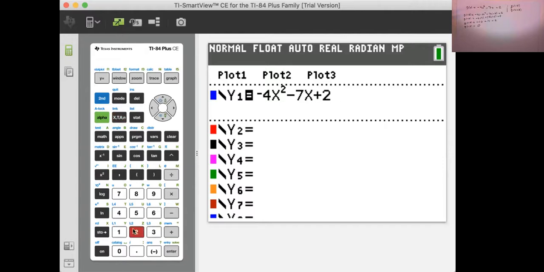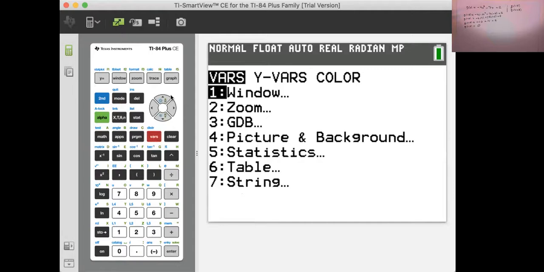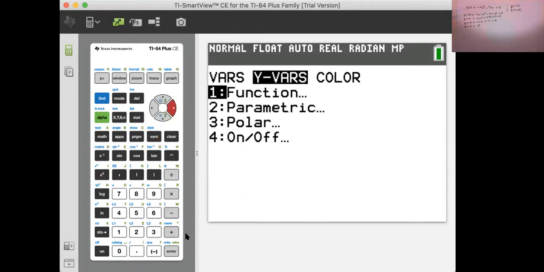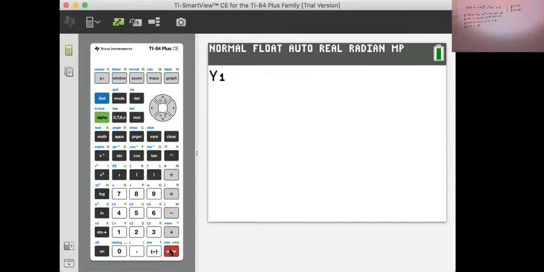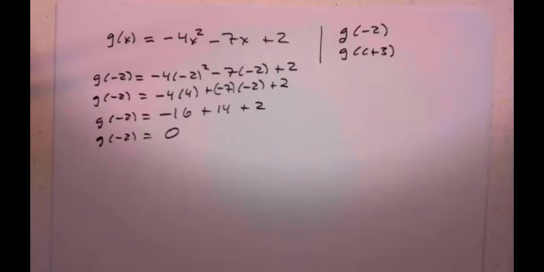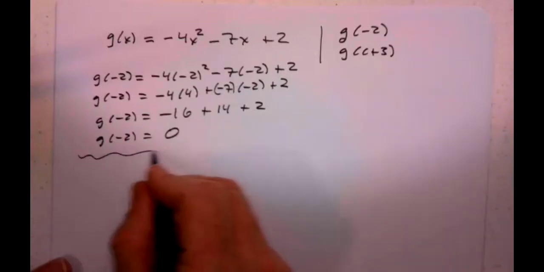And I'm interested in what happens at negative 2. Second quit, I could just do this. Vars, Y-vars, function. There's Y1 evaluated at negative 2, and we hope we get our answer of 0. And we do.